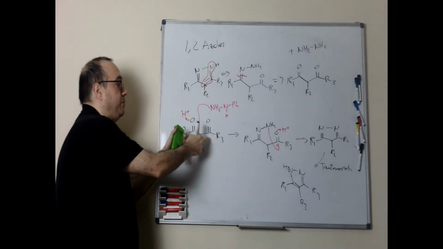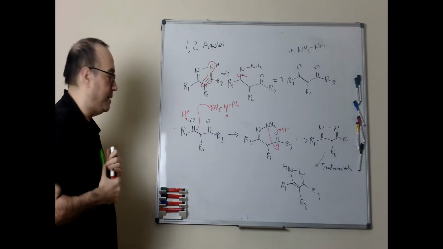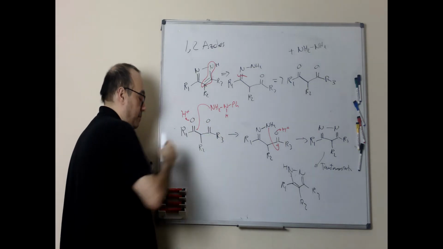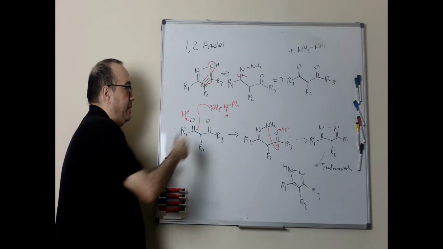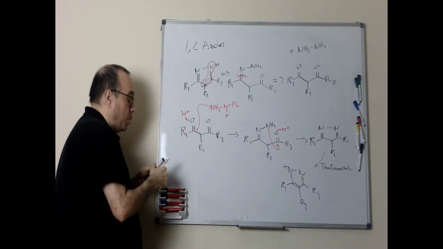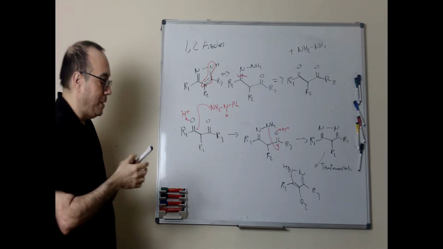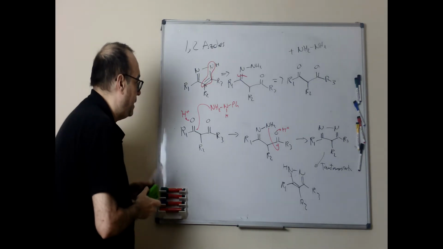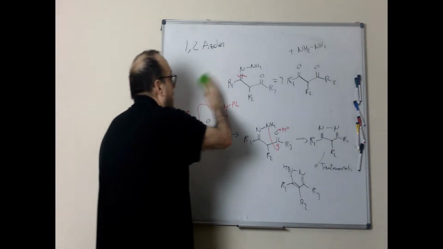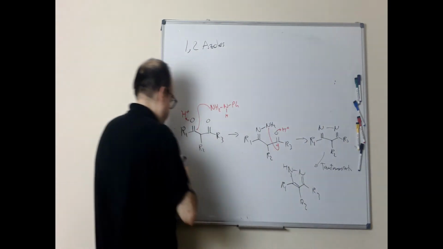Which carbonyl group? Because now we have two carbonyl groups, and this will determine the reactivity. Why is it attacking with this amine? Because this amine is the most accessible. It will attack the more electron poor carbonyl group. What does this mean? It means that we have this type of compound.